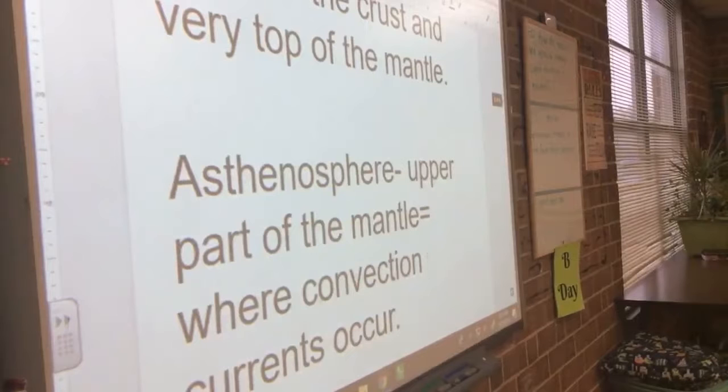This is where convection currents occur. This is what causes those crust plates to move on the earth. As the mantle swirls through those convection currents, it causes the plate sitting on top to move in certain directions.